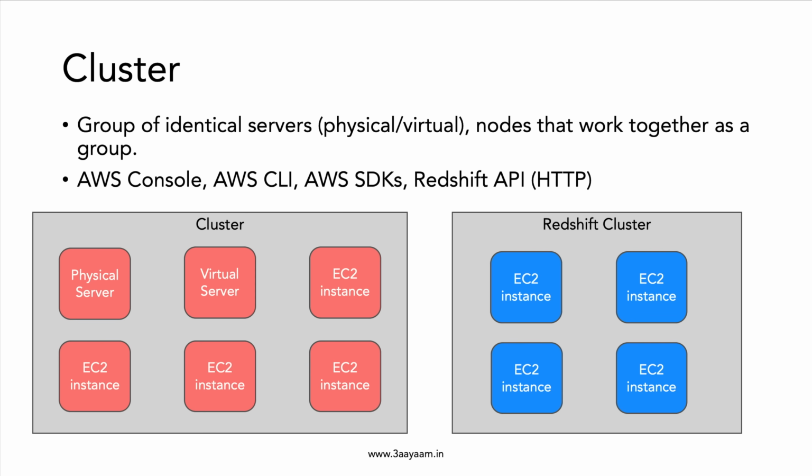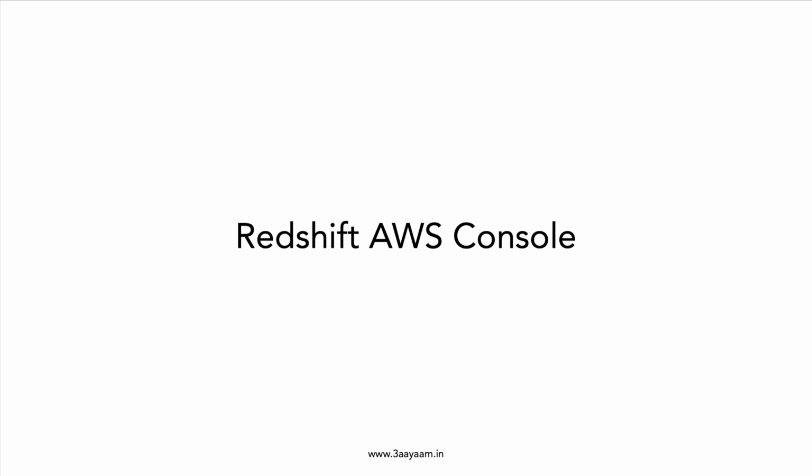In our course, we'll be using the AWS console. Maybe at the end, I will show you how to create a Redshift cluster using the AWS CLI. Now let's go ahead and take a look at the AWS console for Redshift.